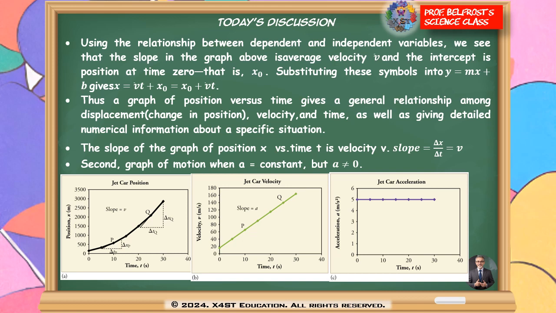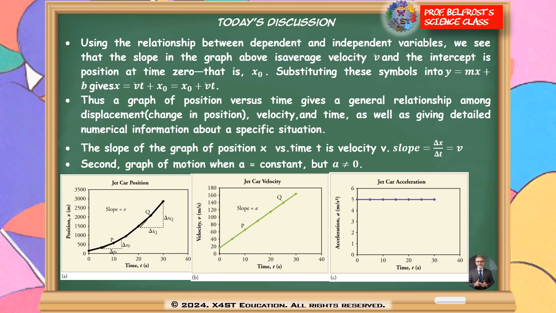We now have x equals vt plus x0, or it can be arranged to be x minus x0 equals vt. You have got this from our previous derivation, but the graph can show you the same thing, right? And please notice that the slope of the graph of position x versus time is just the velocity. So the slope is just the velocity if we plot the position versus time.